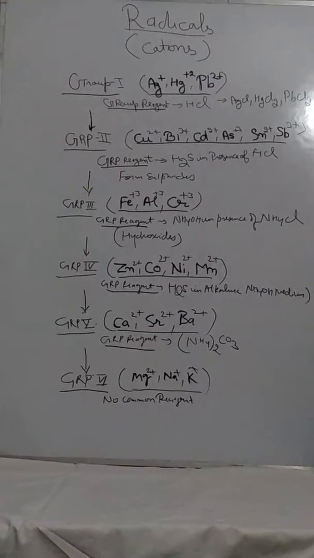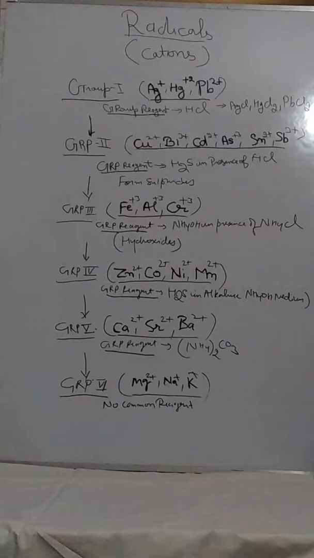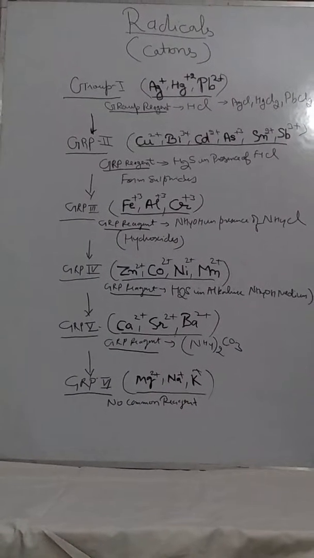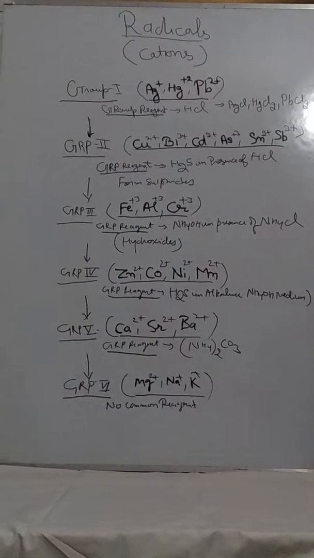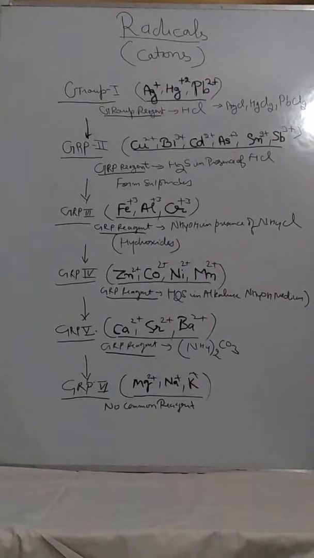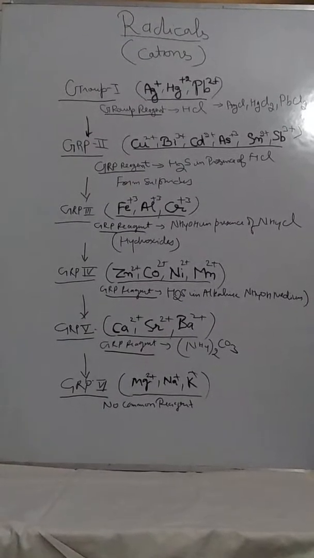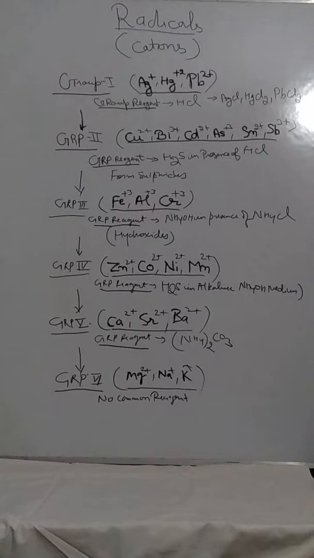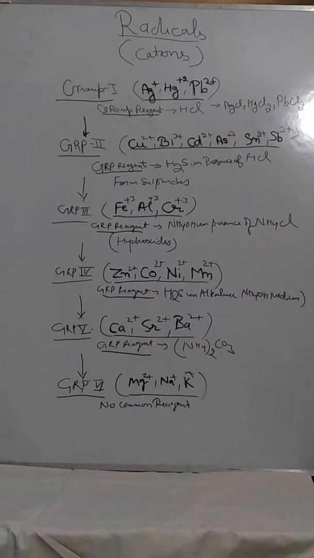Here we have to keep this in mind: when we are using H2S to precipitate out the radicals of group 2, we have to supply H2S in less concentration, because the radicals of second group get easily precipitated out in presence of a small amount of sulfides. This is the reason that with less and limited supply of H2S, we keep the presence of HCl.